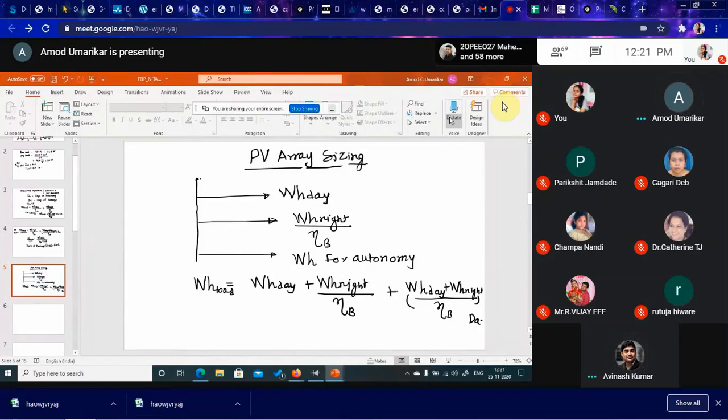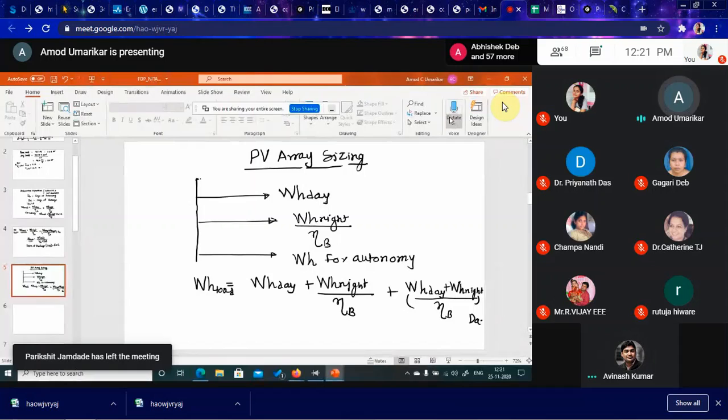This is total load. As you rightly pointed out, if you consider this load, it is too high for sizing. It means it will be oversized.